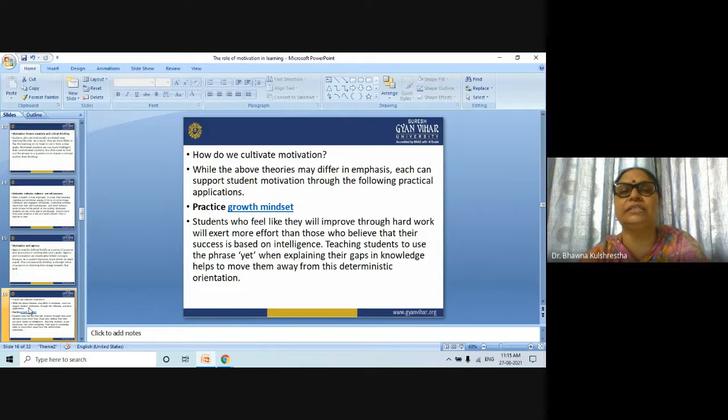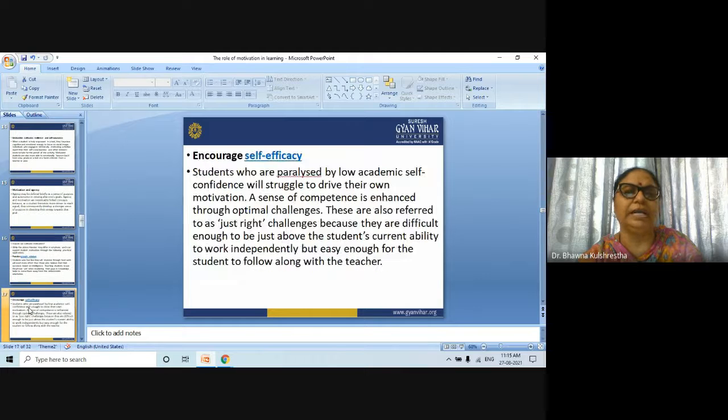And the next is to encourage self-efficacy. Students who are paralyzed by low academic self-confidence will struggle to drive their own motivation.